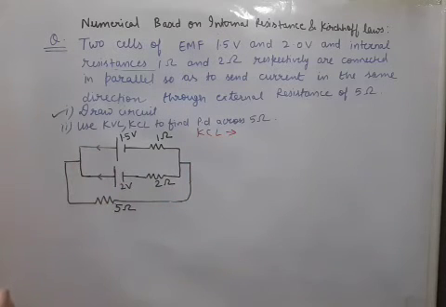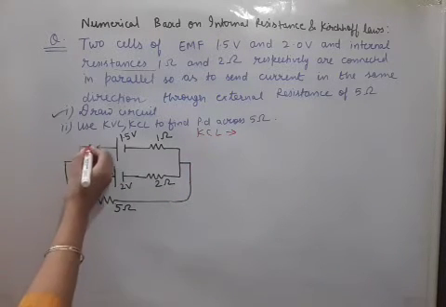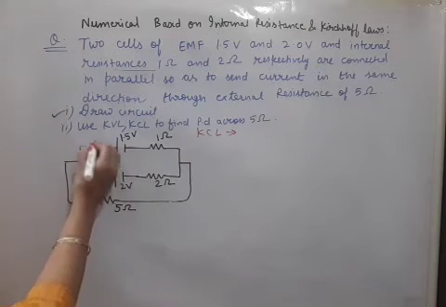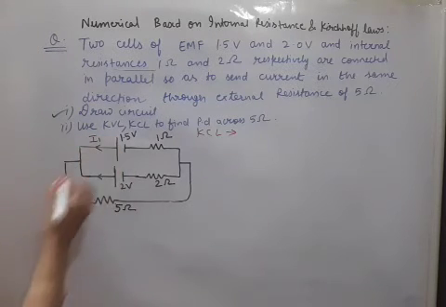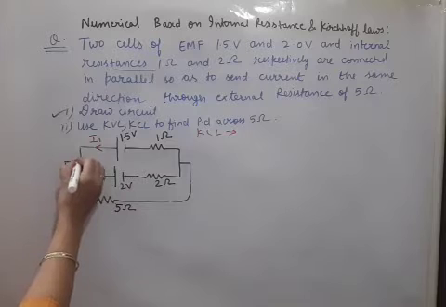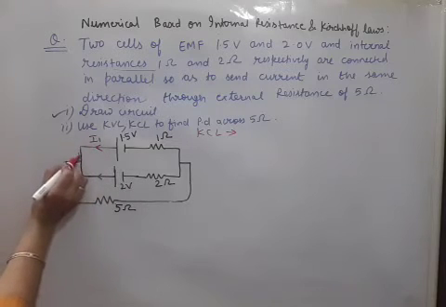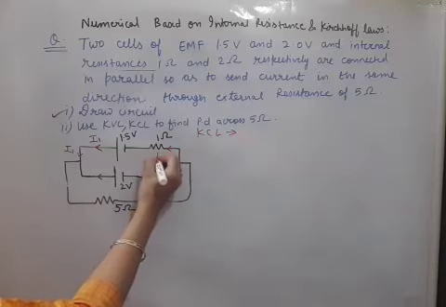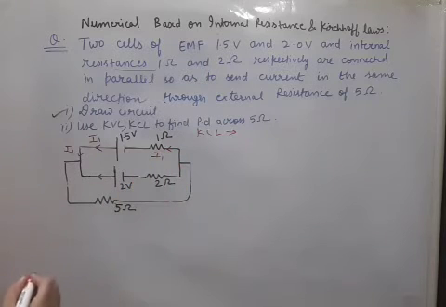KCL means we have to show proper currents of the circuit in all the branches. So suppose this is the first cell, it will send current I1. This current will flow till the time single wire is there. So till here I1. And we will return I1 current to the cell as is the rule.